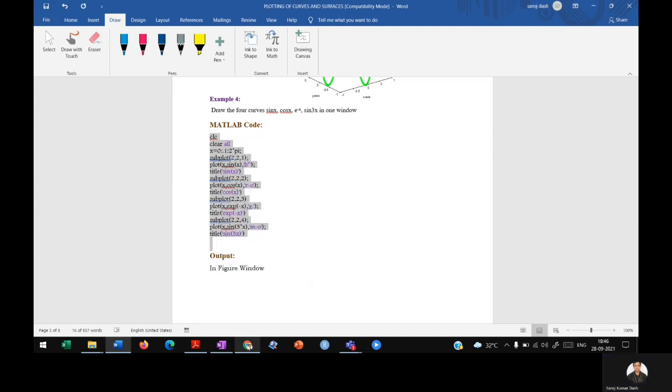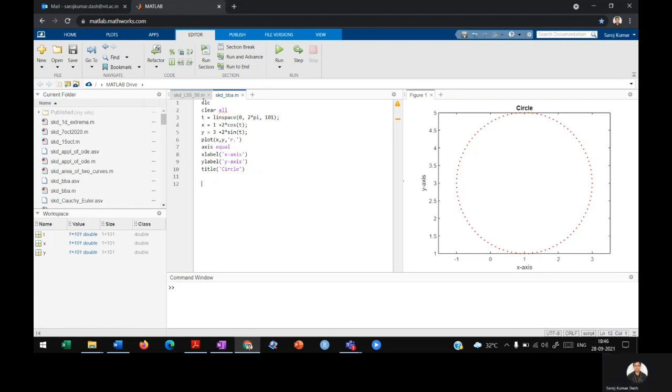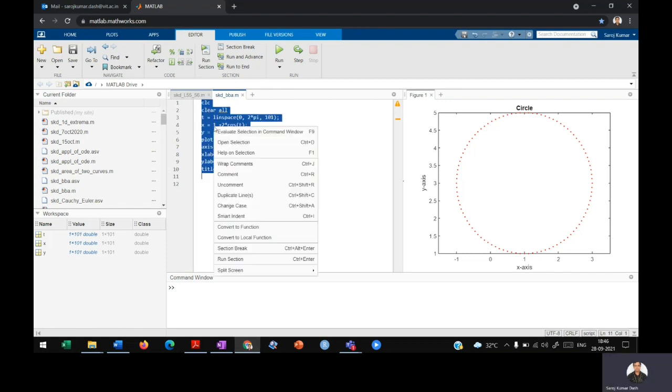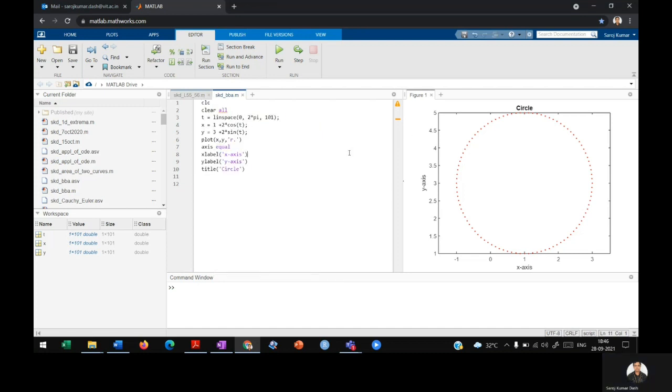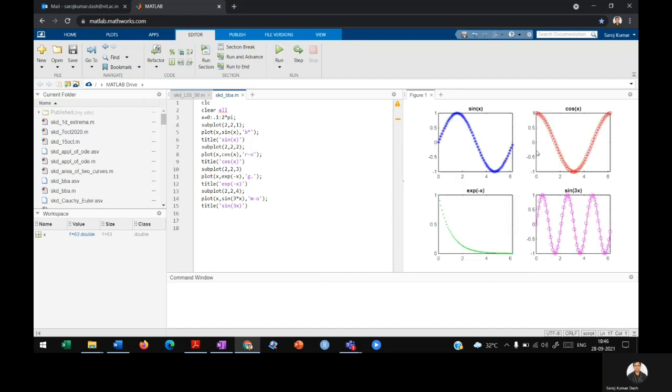Copy, then in place of this, and then run. So see, it will come like this.